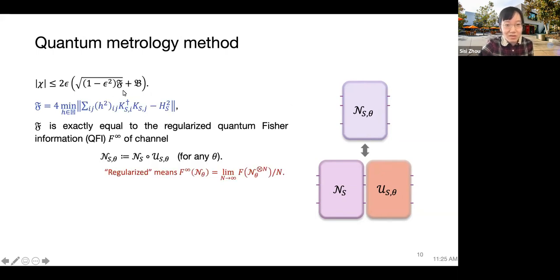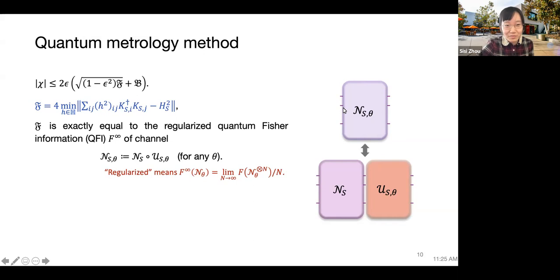And okay, so this is the exact expression of F. It's too complicated, you don't need to remember that, but basically F is exactly equal to the regularized quantum Fisher information of this channel. By regularized, I mean I'm taking the quantum Fisher information of this whole thing using n copies of the channel, and then I divide by n and then take n to infinity.